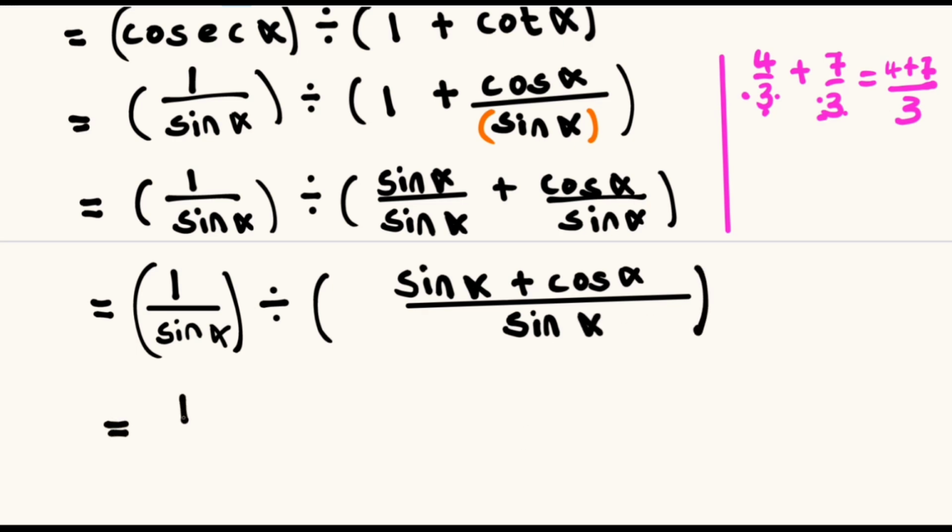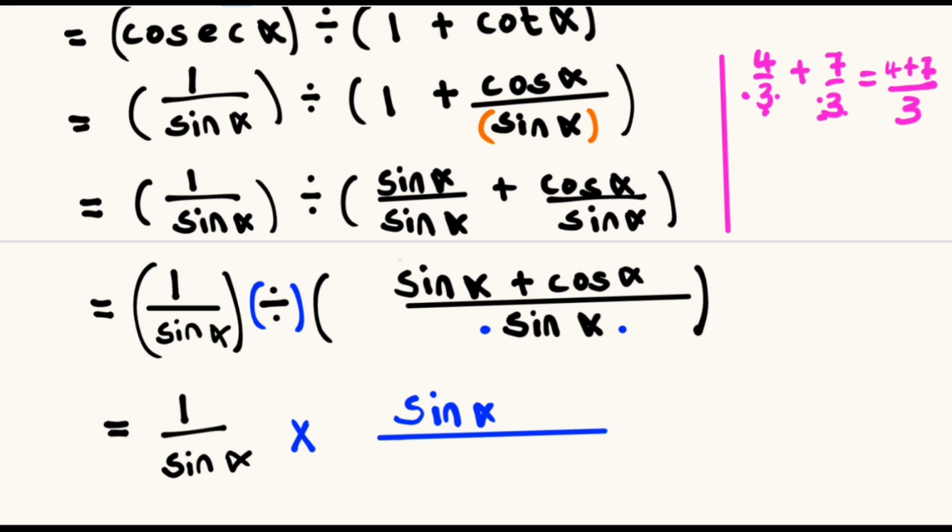We have 1 divided by sine alpha. The same process again: the division is changing into multiplication, and when it changes into multiplication, the denominator becomes the numerator and the numerator becomes the denominator.